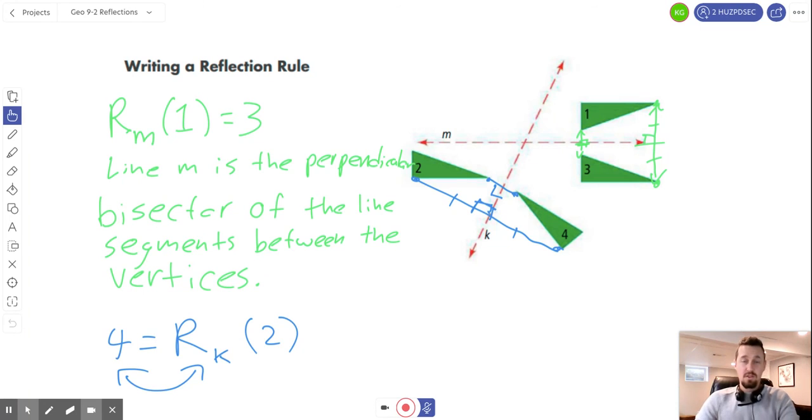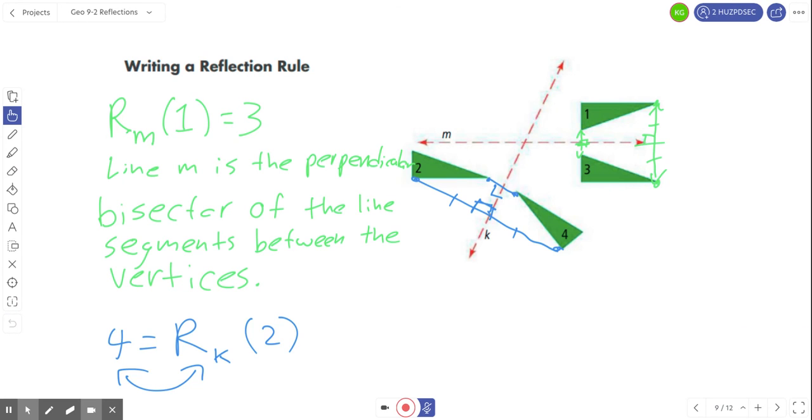So yeah, it's just a chance to do some practice with how we write rules. So on the next slide, you have some shapes, and you will write the rule to describe which shape is a reflection of which other shape.